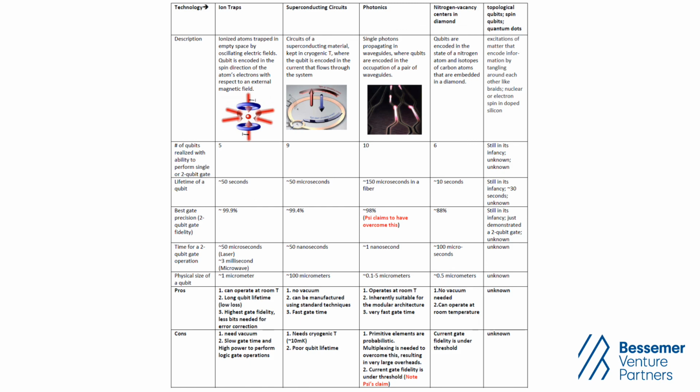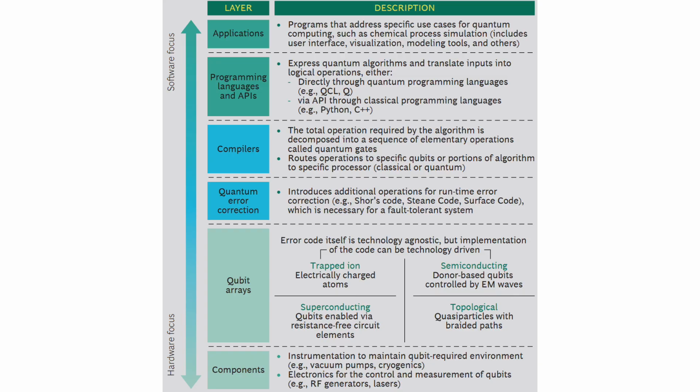There are different ways of building quantum computers. To actually solve real-world problems, we're going to have to develop all the hardware and software layers of the quantum computing stack. We've been talking about the qubit arrays, the physical layer, but in addition, there are algorithms people are generating in order to correct for the errors we talked about, and there are compilers that basically are required in order to dynamically configure these quantum circuits that we talked about.